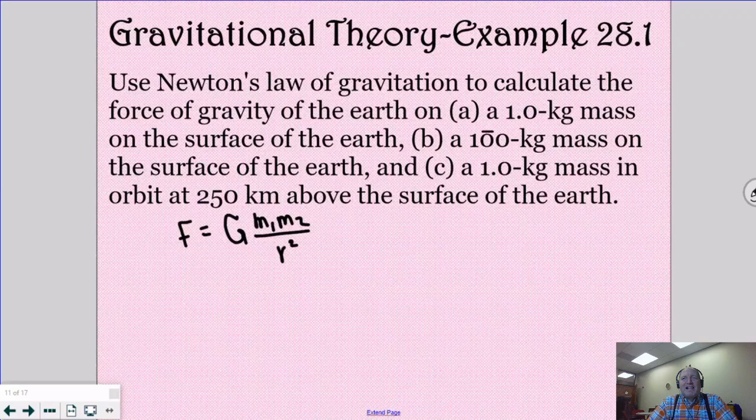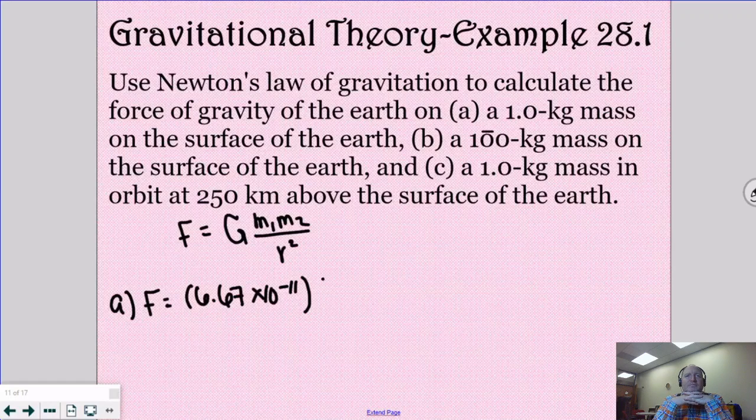So for part A, our G is 6.67 times 10 to the negative 11. The 2 objects that we're looking at are a 1 kilogram mass and the Earth. And so you have to look in the back of the book to find the mass of the Earth.